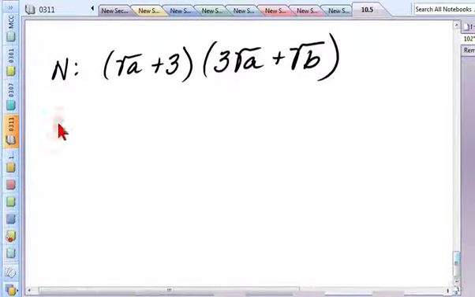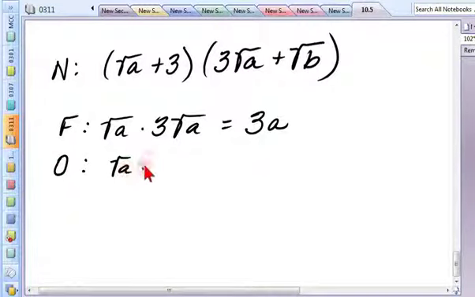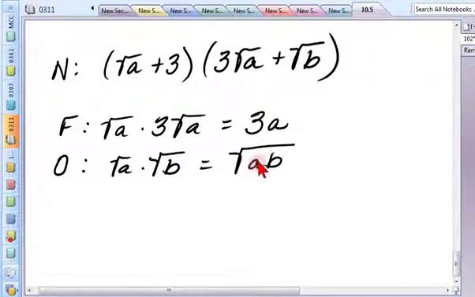All right, let's do FOIL. Product of the first. Square root of a times 3 square roots of a gives me what? 3a. Square root of a times square root of a gives you a. Rational a. The outer product is square root of a times square root of b, which is the square root of ab.